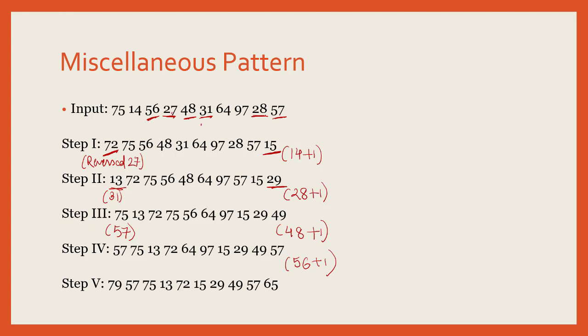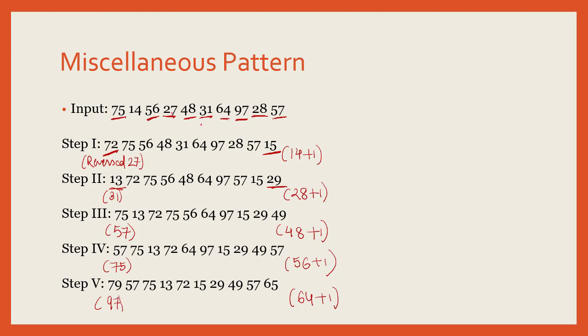Next odd number is 75, reversed and written as 57. Next even number is 64, added 1, kept on the right hand side. And lastly, the odd number 97 has been written in the reverse order as 79.